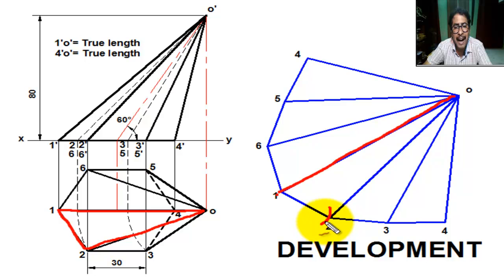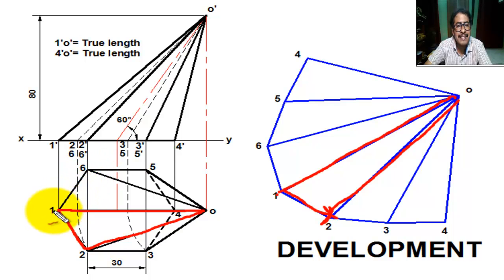From here we draw an arc, and with this length O dash 2, the true length, we draw an arc. Then this is the triangle.